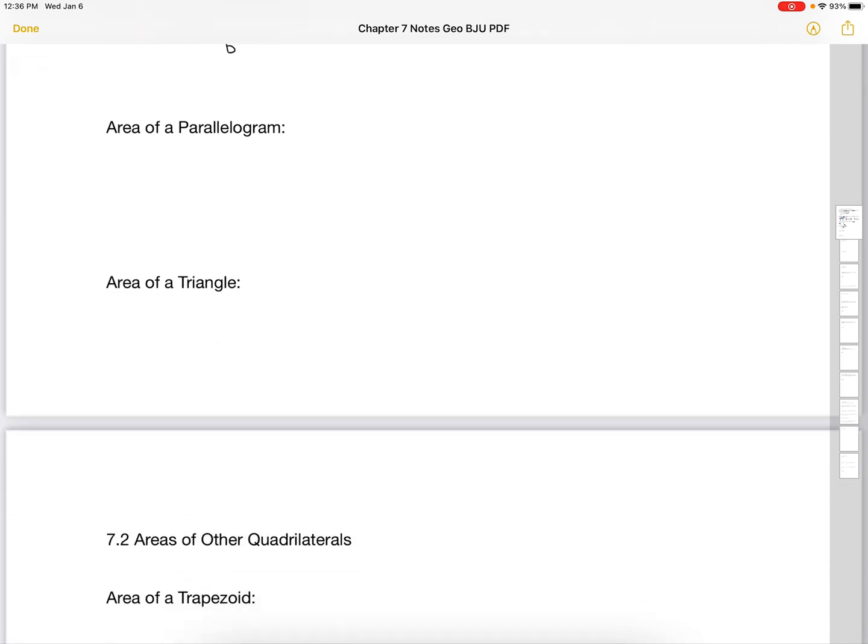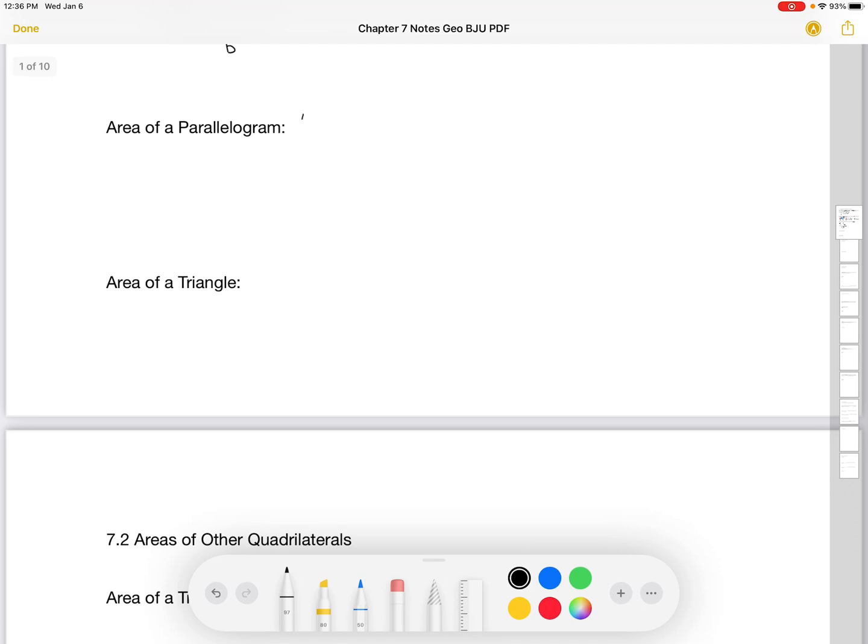Now, area of a parallelogram is the same formula as a rectangle, but we might see something a little bit different. Parallelograms don't always have right angles, but our height always needs to be connected to a right angle. The base doesn't necessarily mean that it's the bottom of the shape.